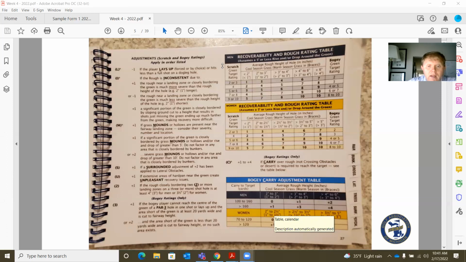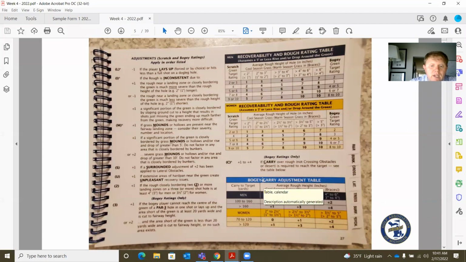Yeah, I would agree, Mike, with your comment about the bogey carry adjustment being one of the ones that's missed most. I agree 100% with that. I think it's something that we don't even think about, but really, one thing that does help you with that, especially if you're in the first column here with the rough height, is that if your landing zones are near the edges of the fairway, it usually gives you a reminder like, oh, I need to go back and actually check to make sure that I can get here without landing in the rough.